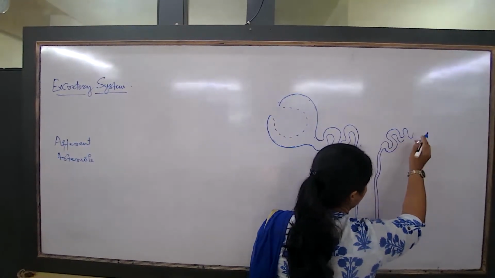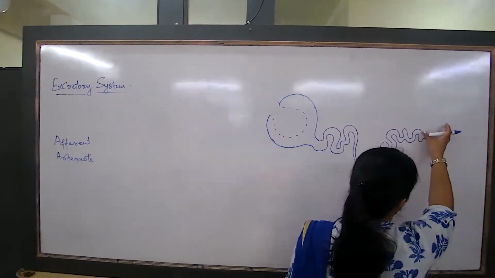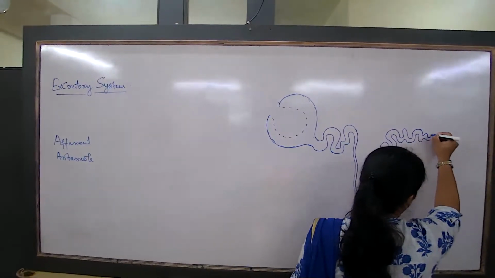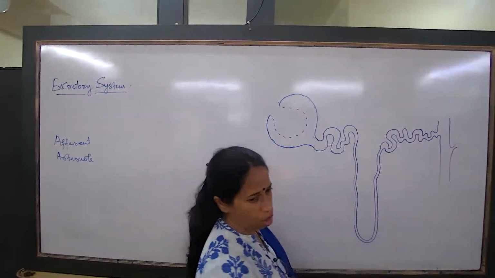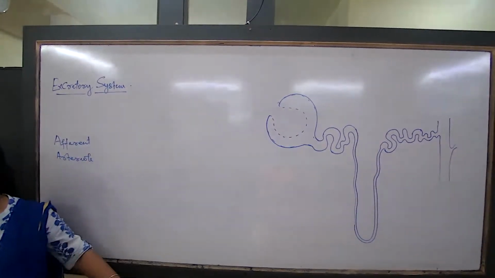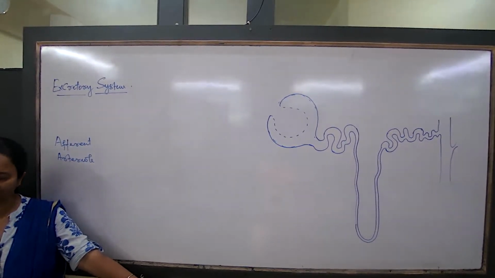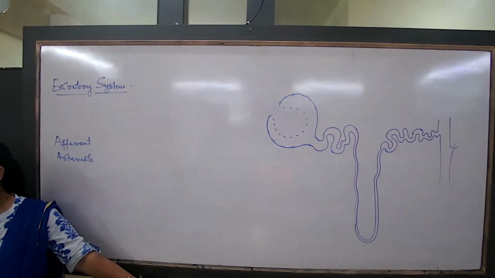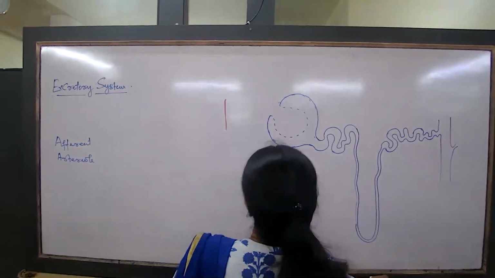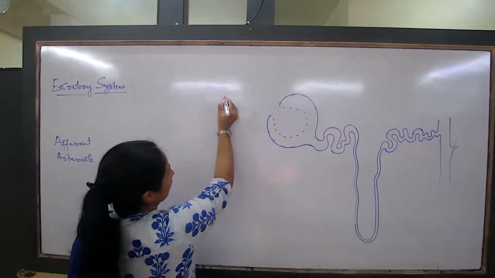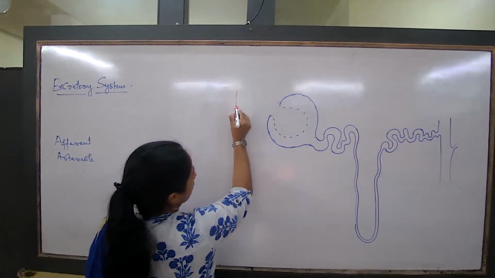Next point. Renal artery: the blood is toxic with a high concentration of urea, uric acid, etc. Renal vein: the blood is less toxic.